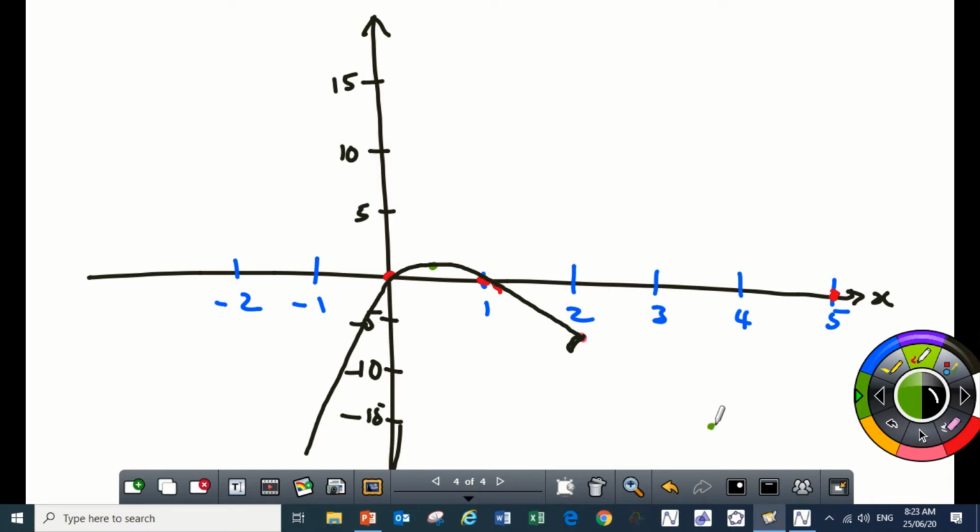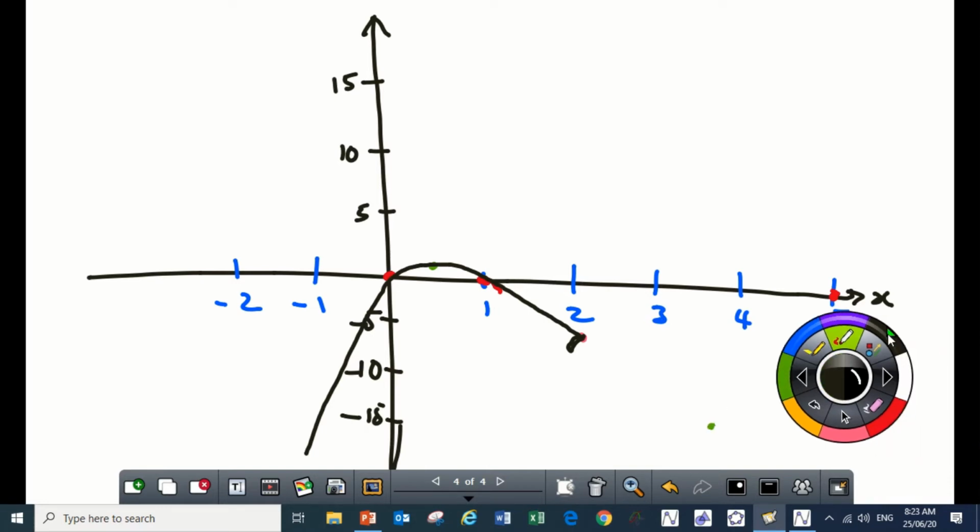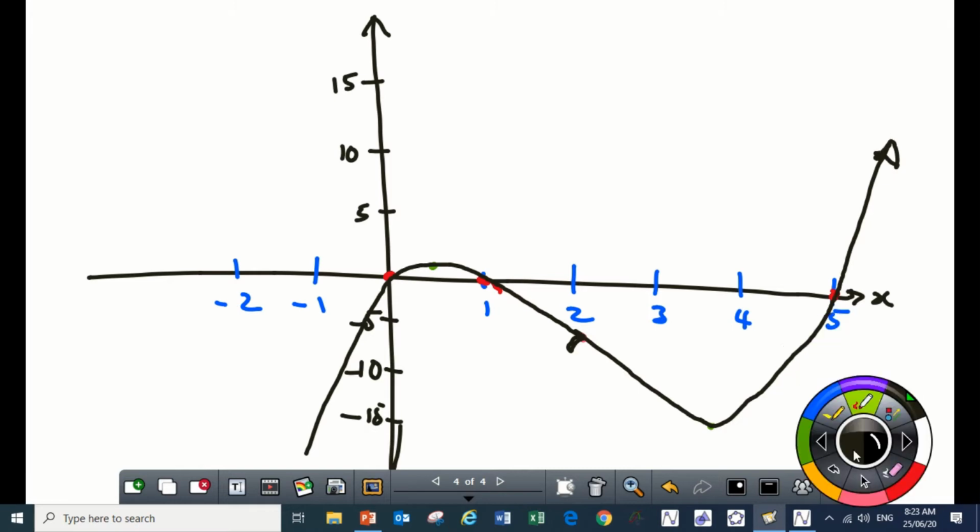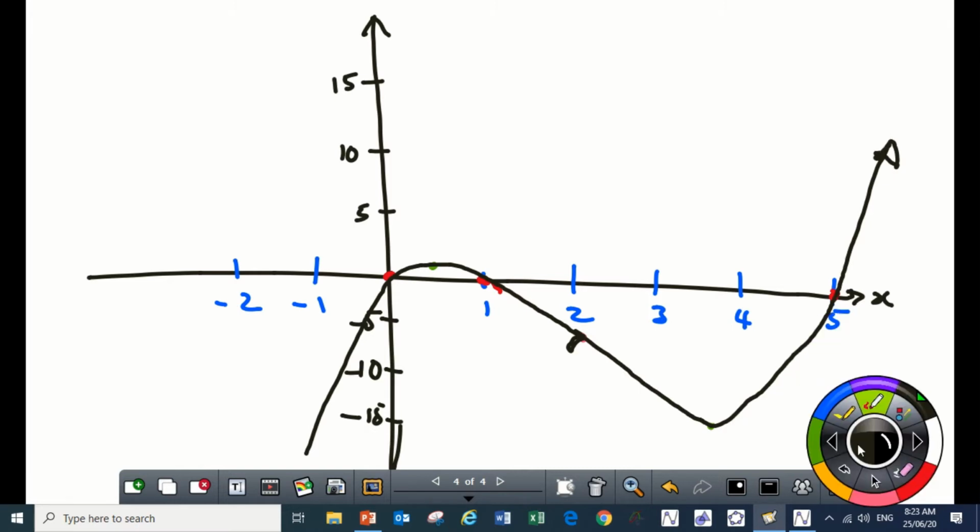I'll put it somewhere here so that my graph will look like that, and then it goes, and then it goes. So the graph will look something like that. Now, your shape is very important because in most cases you get a mark for the shape. So the shape must be correct.